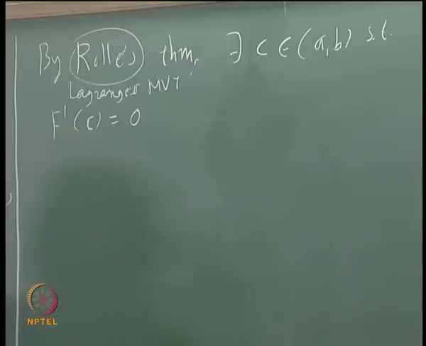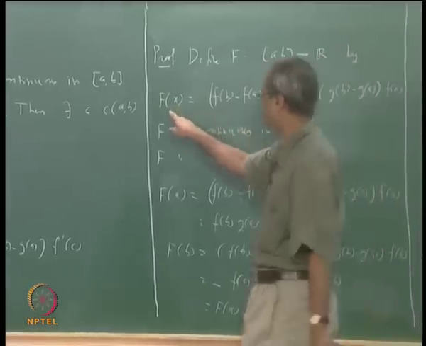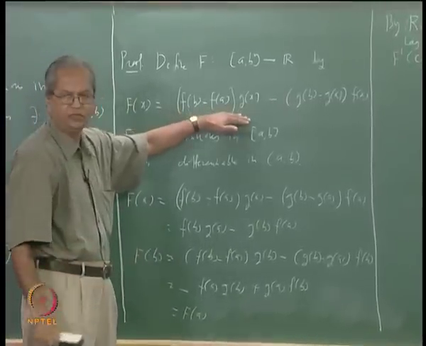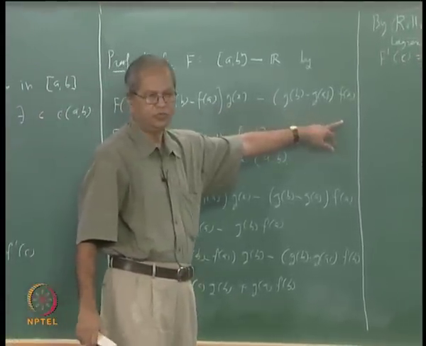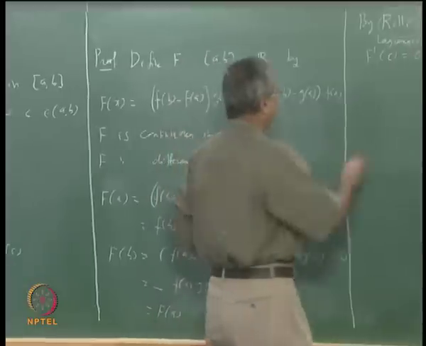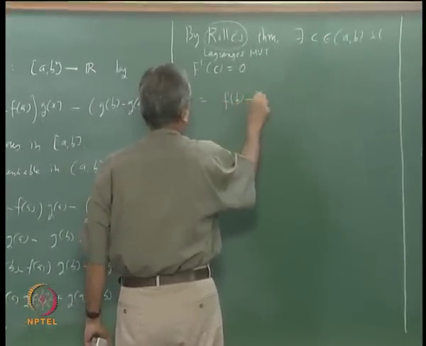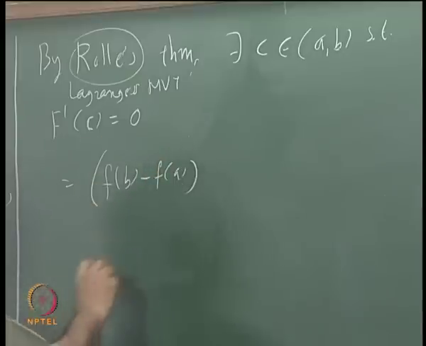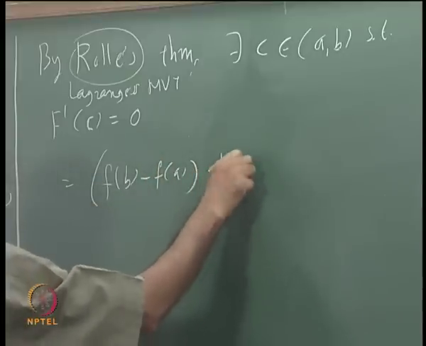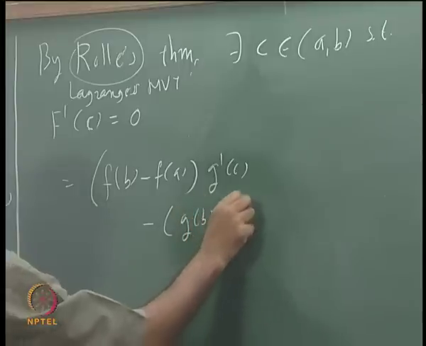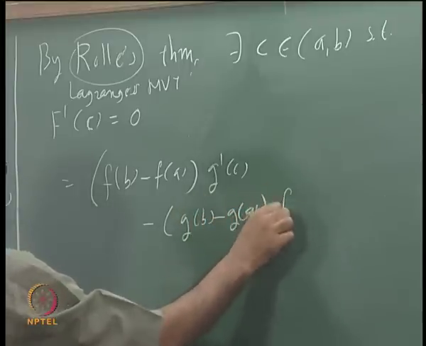Alright, so what remains now is what is this F prime of c. At any point, big F prime at x is nothing but this into G prime x minus this constant into f prime x. So in particular at the point c, this will be the same as F(b) minus F(a) into G prime c minus G(b) minus G(a) into f prime c.